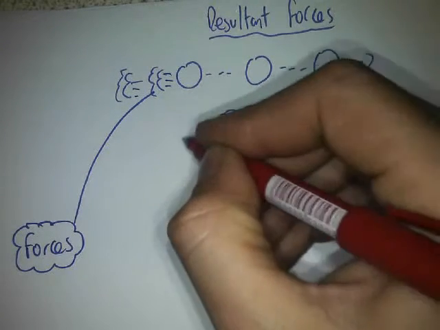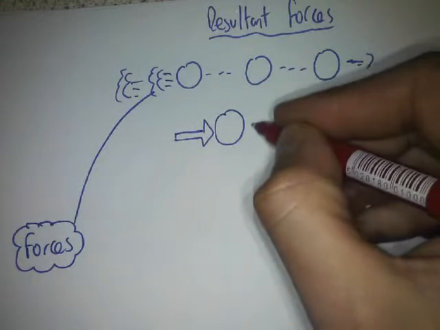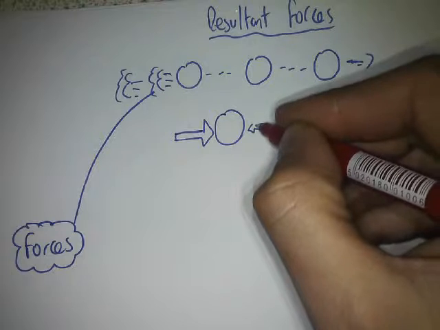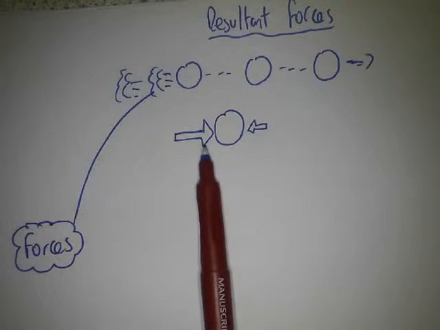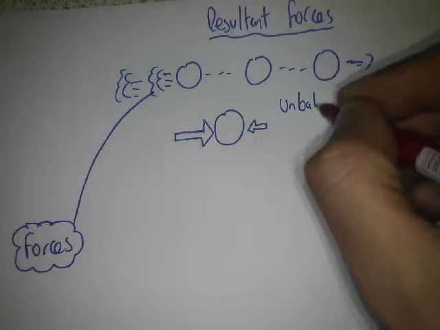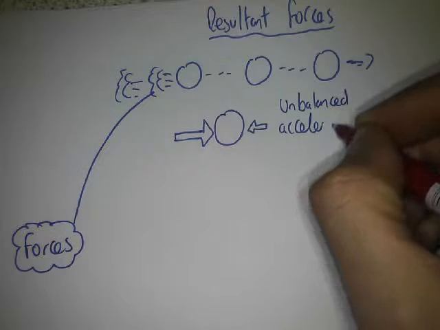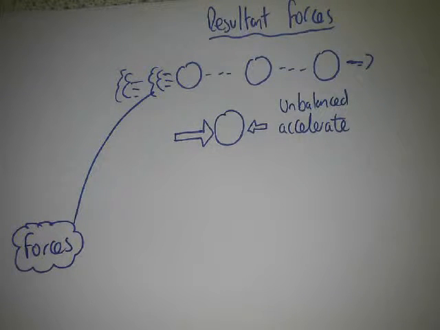While it's moving, let's now add some forces and describe the state of motion it will be in. So, the ball, if we apply a big force this way, and a smaller force opposing that, from now on, this ball is going to accelerate. It's unbalanced in its forces. It's going to get faster and faster and faster.